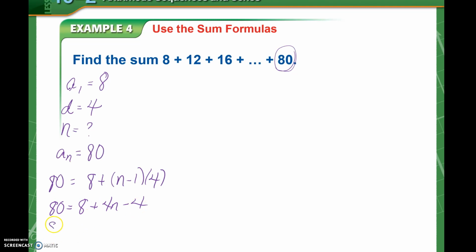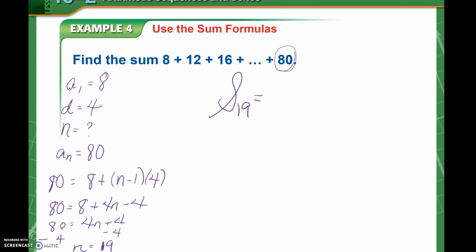Put our common terms together. 80 equals 4n plus 4. Subtract 4 and divide. n equals, so we get 76 divided by 4, 19. So this is the 19th term. So now I can find the sum of the 19 terms that I want.